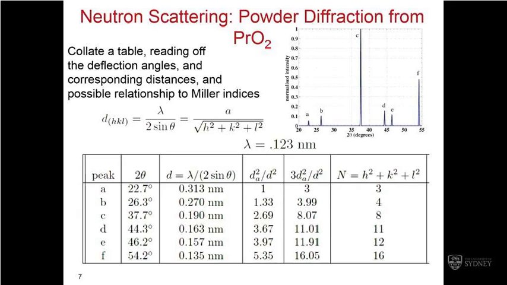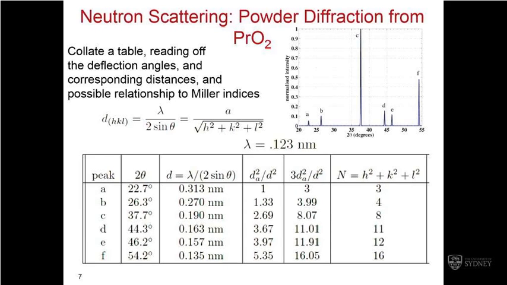So we don't know A yet. So we are expressing the interplanar spacings with respect to the first one. And n is actually equal to a squared on d squared, which equals h squared plus k squared plus l squared.